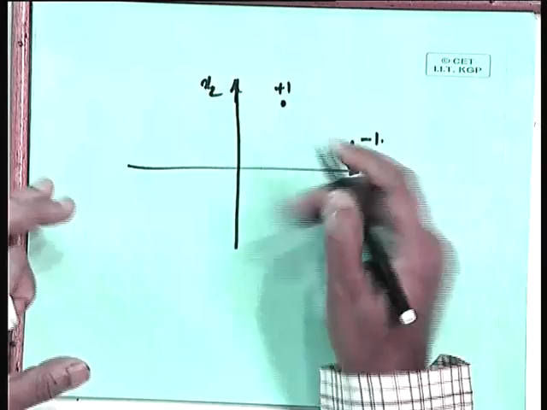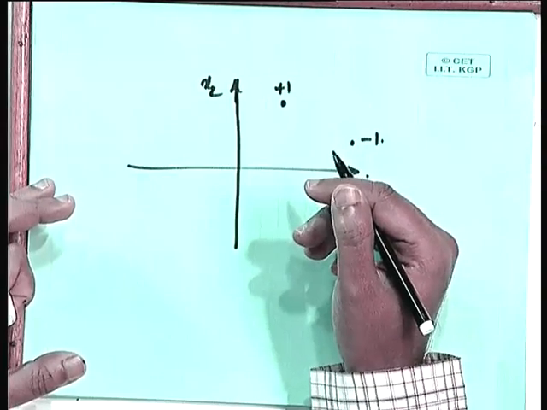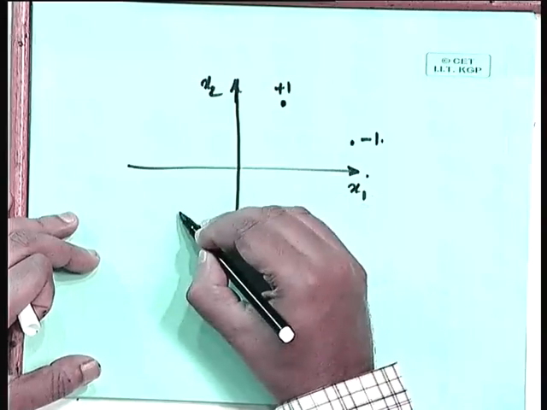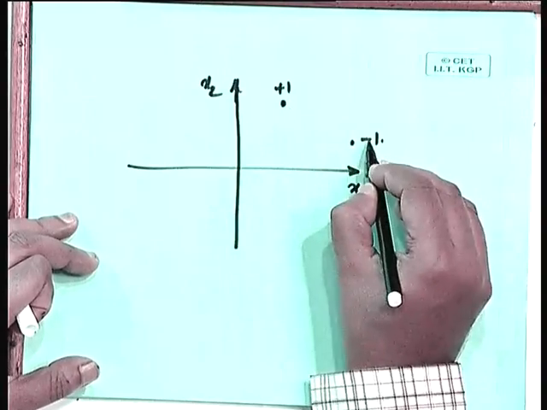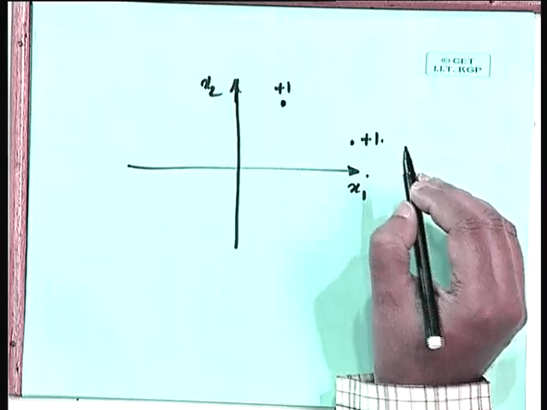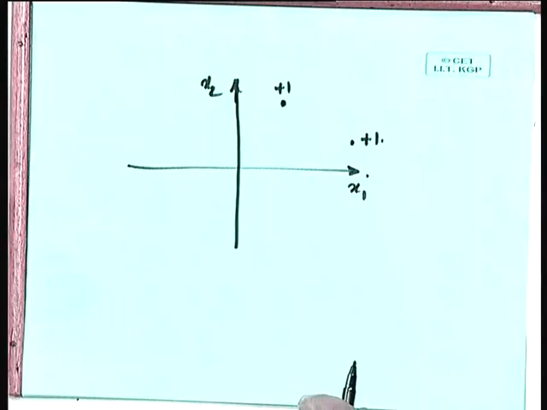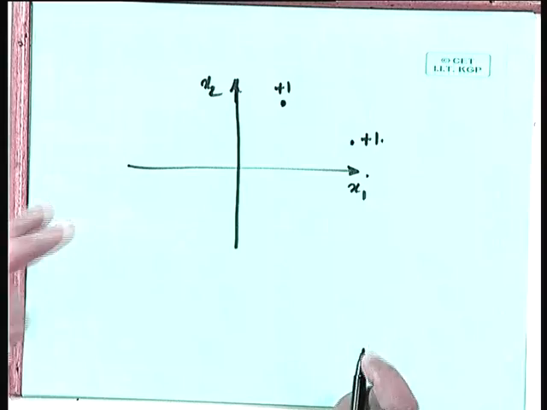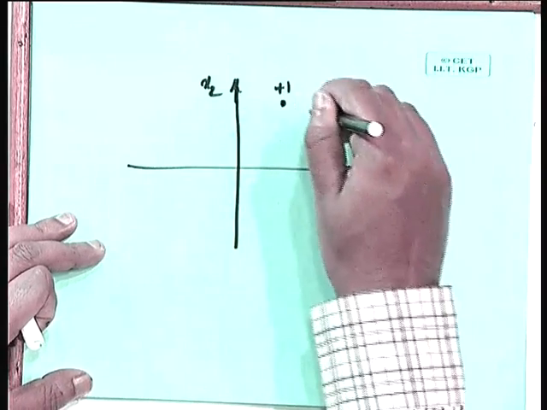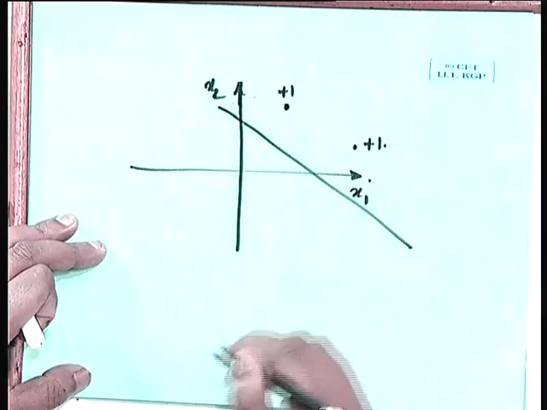Now, is it possible to find a line? It is possible. With both as +1, let us say, or with both as -1, can you separate them? You can. What you can do is take a line maybe of this form.